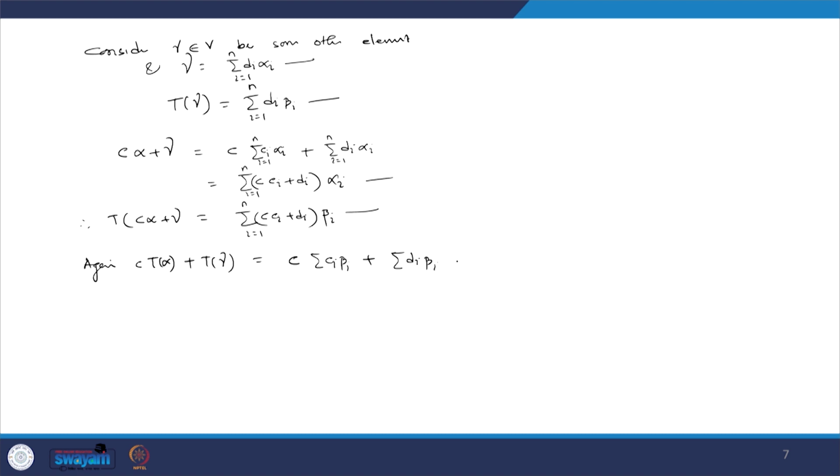So, this is equal to sigma of C times Ci plus di, times beta i, which is equal to T of C alpha plus gamma. So, T is a linear transformation.